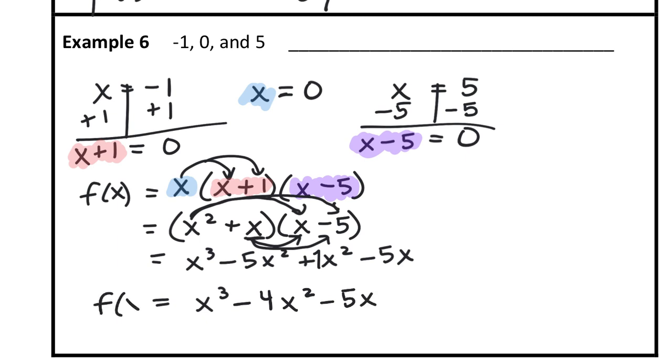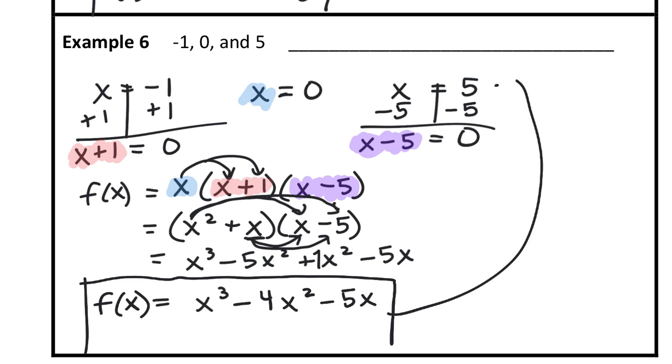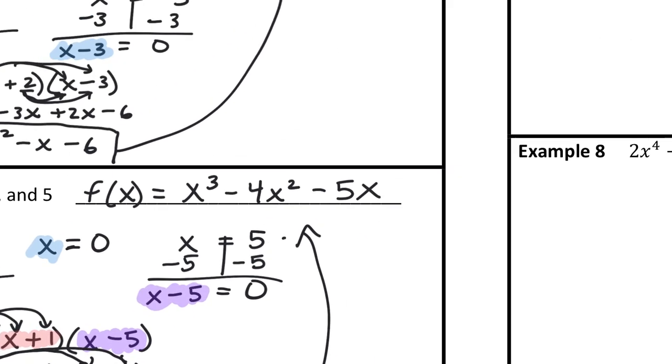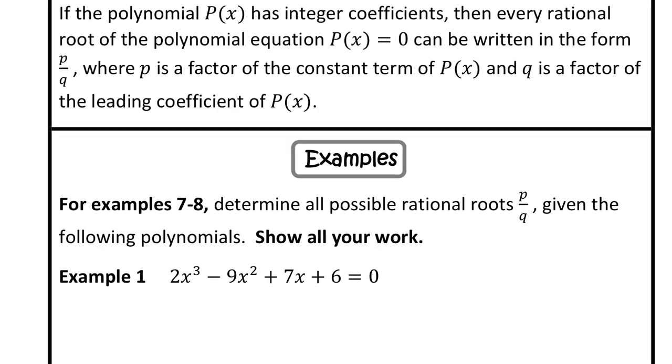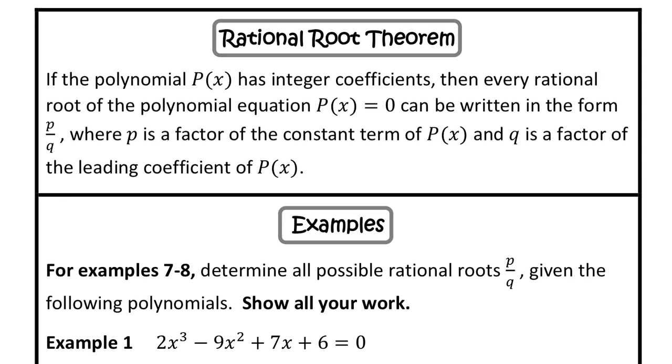And then bring down the function notation, which we can write up here as f of x equals x cubed minus 4x squared minus 5x. All right, I think there's two more examples, so let me slide over. Oh, over here.